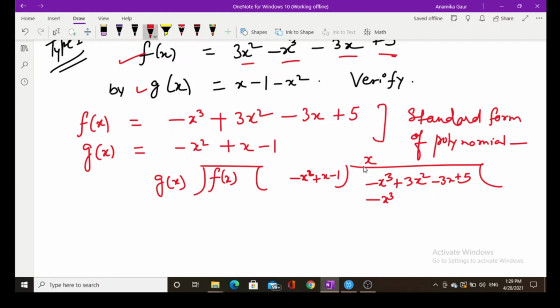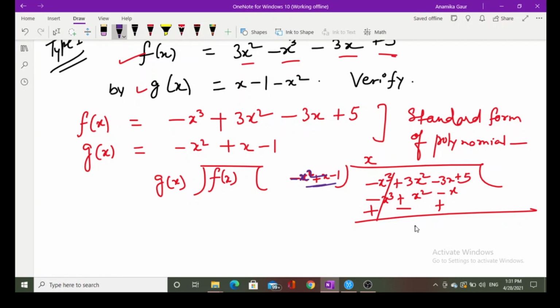So now minus x square multiply x is minus x cube, and x multiply x is positive x square, and x multiply minus 1 is minus x. We need to change the sign here, and on changing the sign we will be getting 2x square minus 2x plus 5.